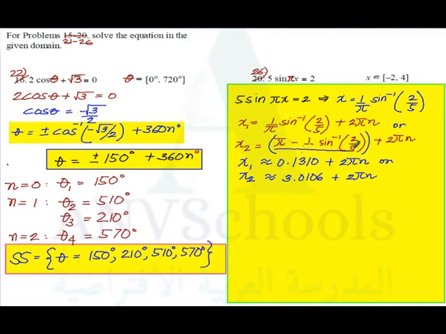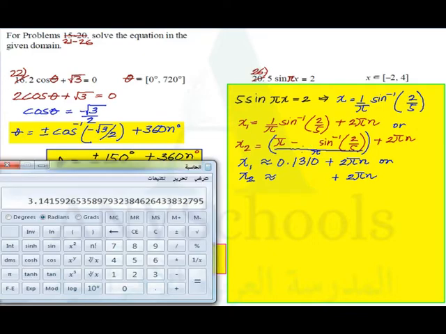Okay, so this should be pi. So in that case, let's do it like that. It should be 2 over 5.